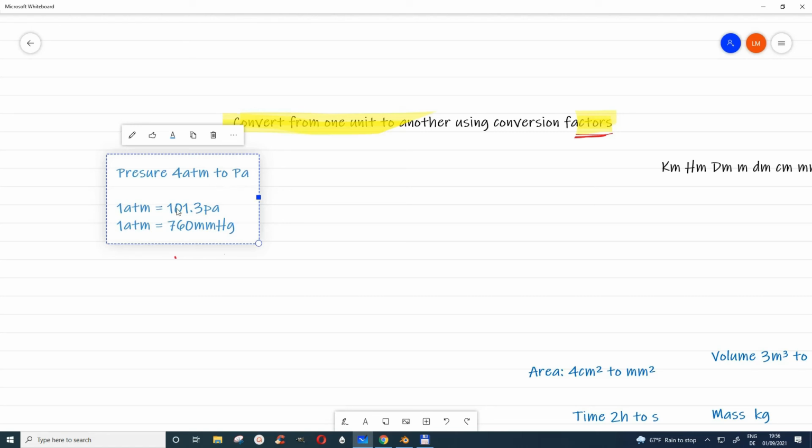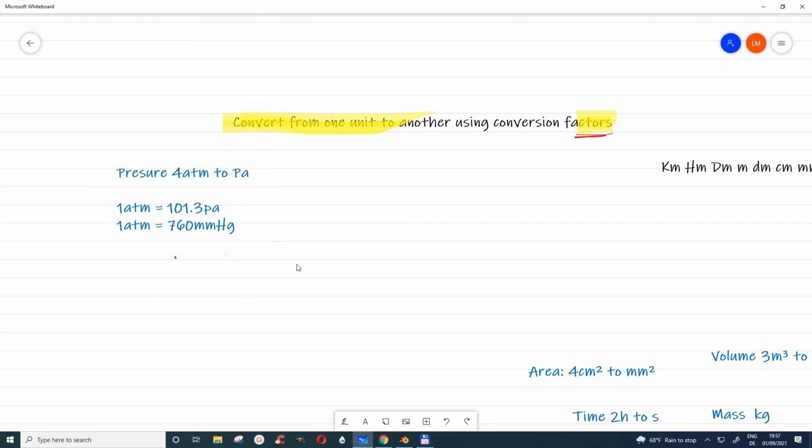Now, one thing you should know is that 1 atmosphere is equal to 101.3 Pascal. You can also have it as 760 millimeters mercury, depending on whether you are to change to millimeters mercury or Pascal. In our question, we have 4 atmosphere, and we have to change it to Pascal.